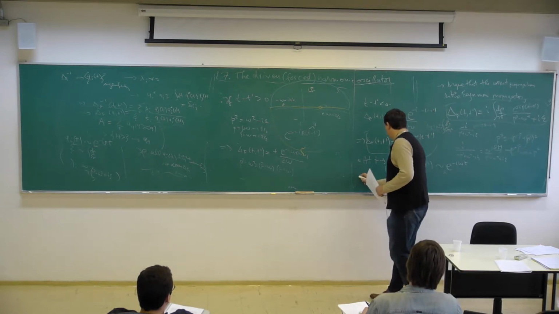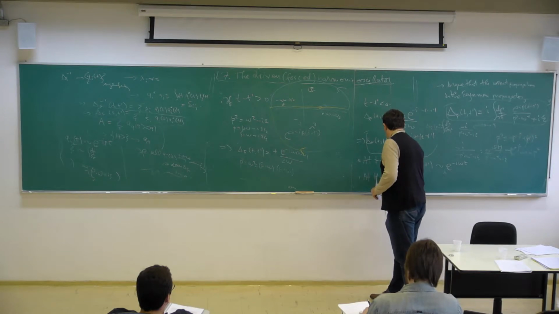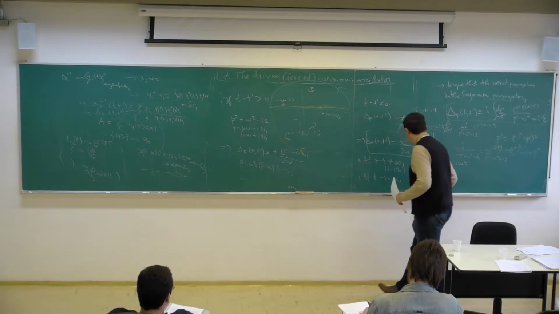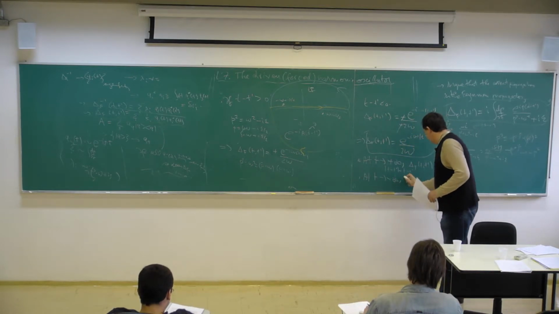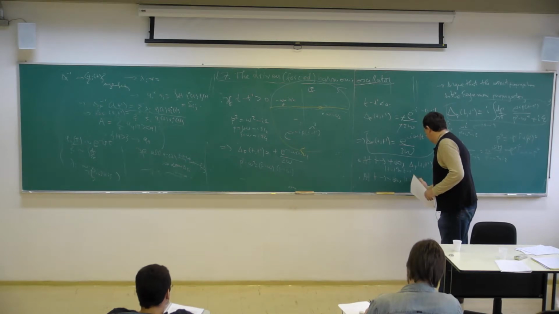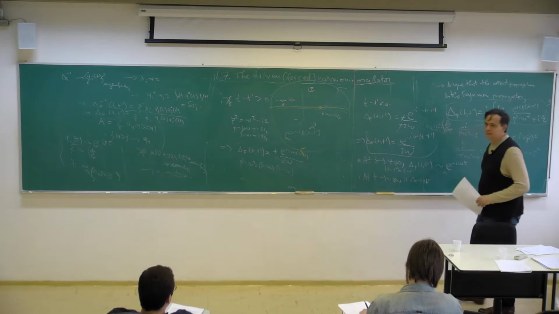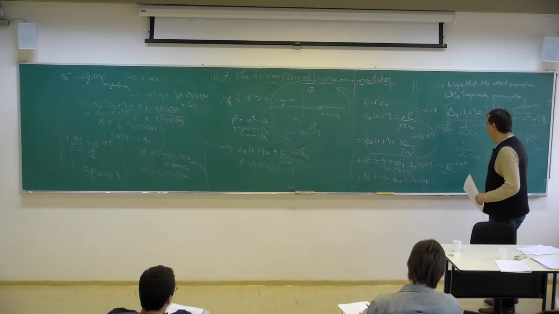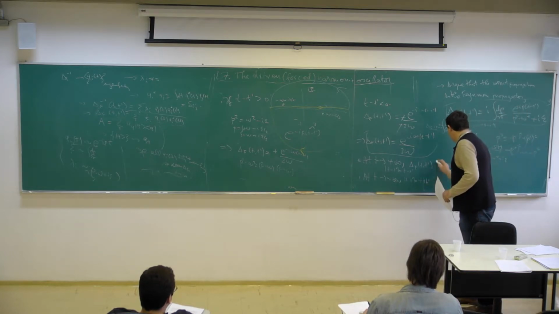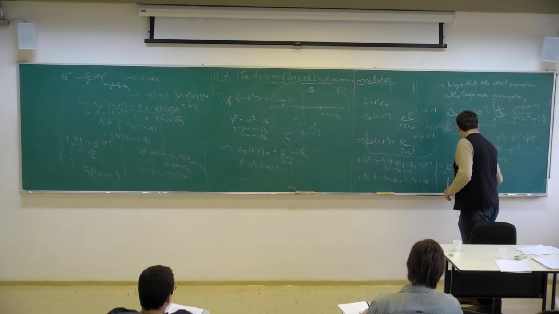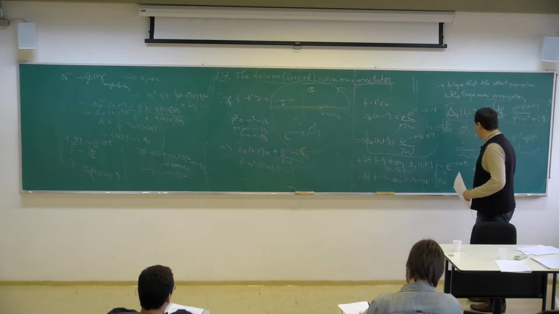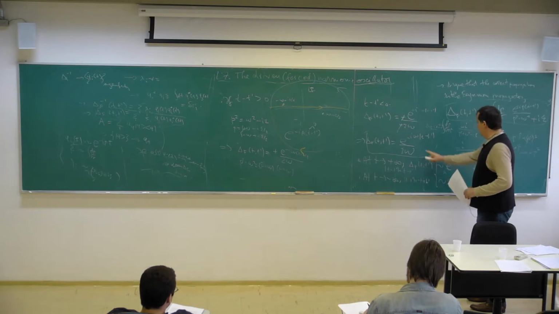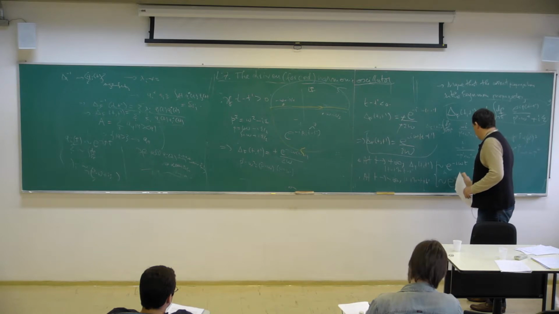But now, at t going to minus infinity, the only difference is that the absolute value of t minus t prime is equal to minus t plus t prime. Right? So that means that delta f now goes as e to the minus i omega times minus t, so e to the plus i omega t.